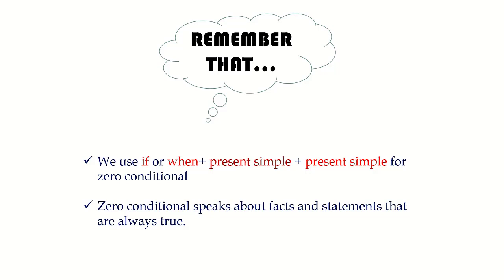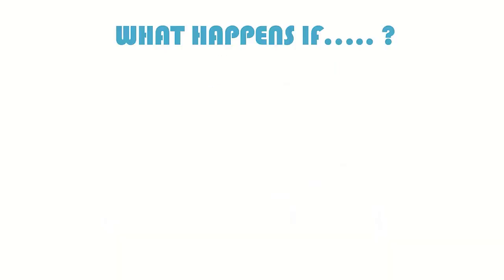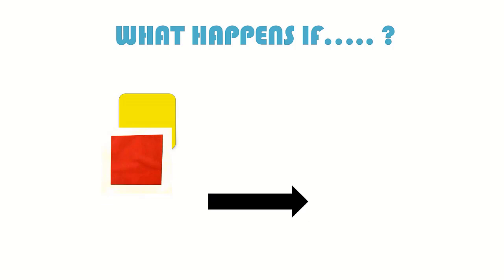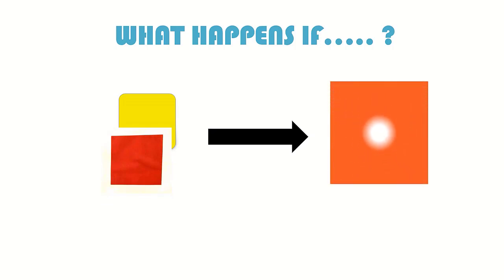We use if or when plus present simple for zero conditional. We use it when we talk about facts and statements that are always true. Here are some examples. What happens if you mix yellow and red? Try to complete the sentence.